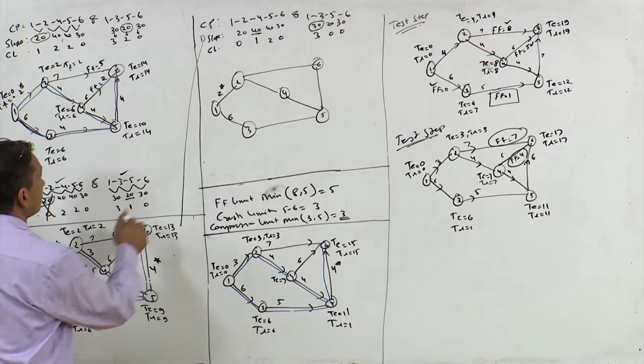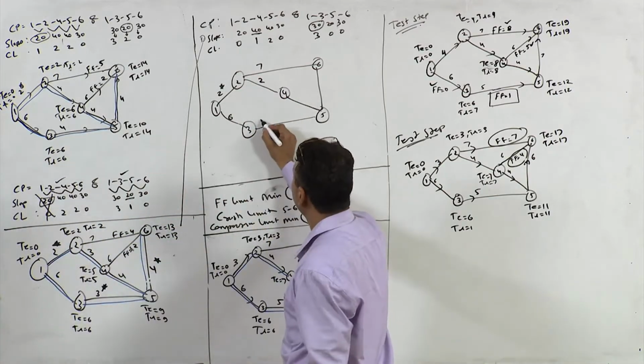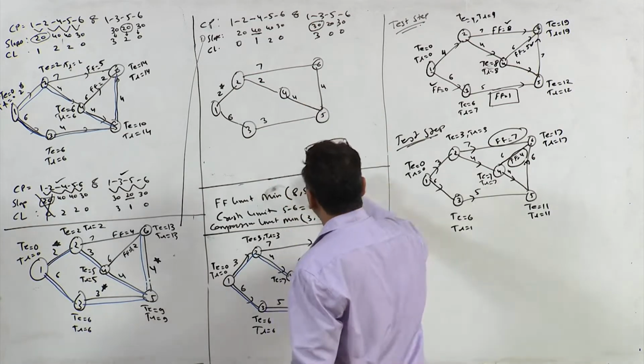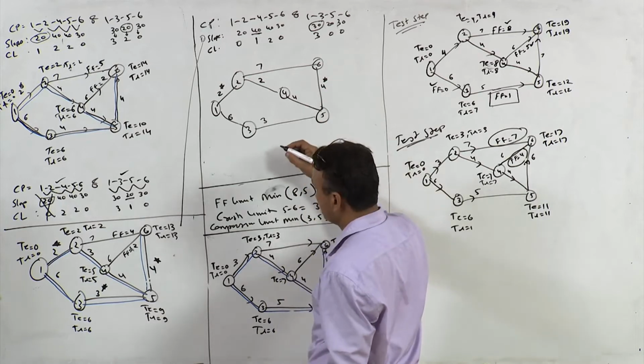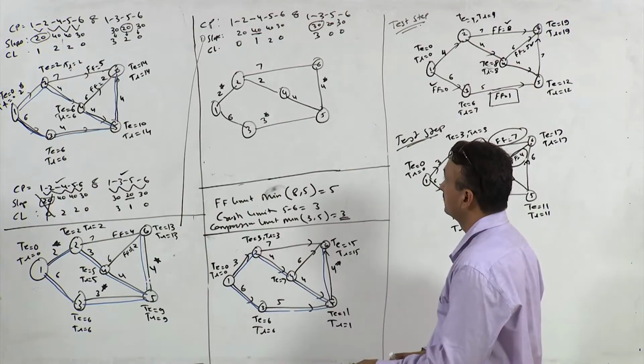So this is 2, 4. This is now 2. This is 7. This is 3. This is 4. This is 4 star, right. You cannot crash this further, right. Similarly for activity 3, 5 also.